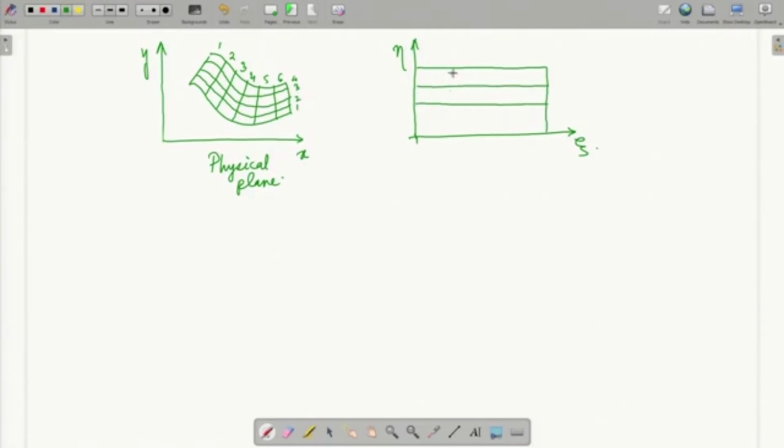So, we have to keep count of the number of intervals, because as you can understand, the transformation does not change the number of intervals along different directions. Only thing is, it kind of straightens up the geometry.